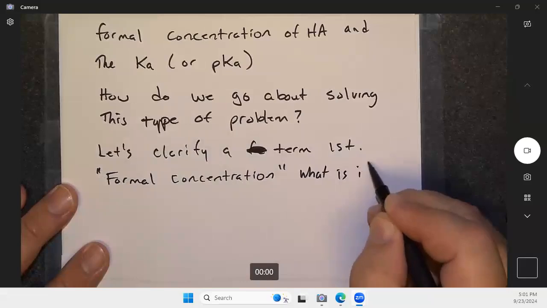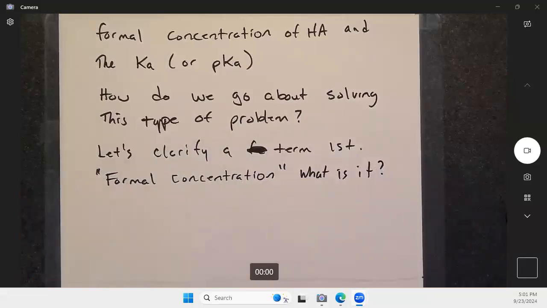What is it? Well, it's an older term. You see it a lot in older textbooks. Our textbook uses it, but it's kind of a holdover from the past. It's something that we've actually dealt with before.